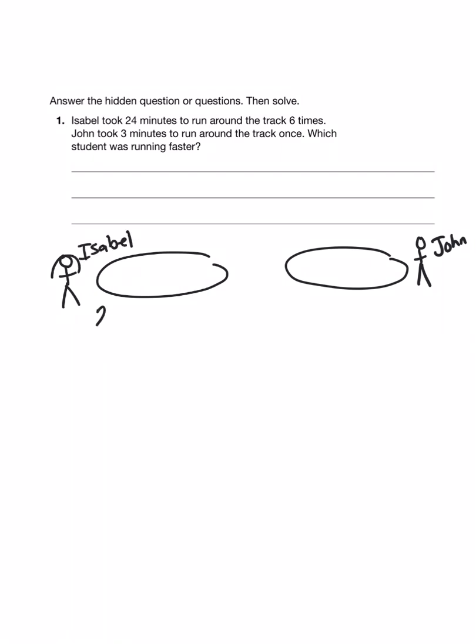We're told that Isabel took 24 minutes, and that in that time, she ran around the track 6 times. And then we're told that John took 3 minutes to run around the track just 1 time.